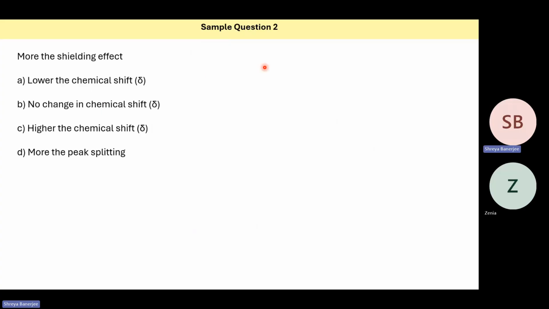Next question is asking, the more the shielding effect, what happens to the chemical shift?